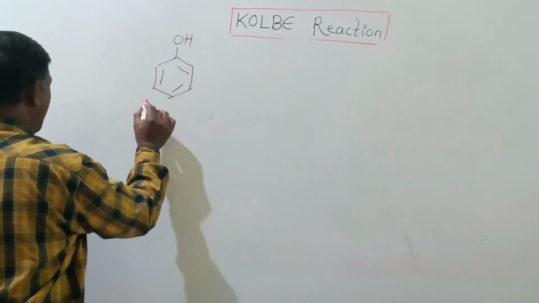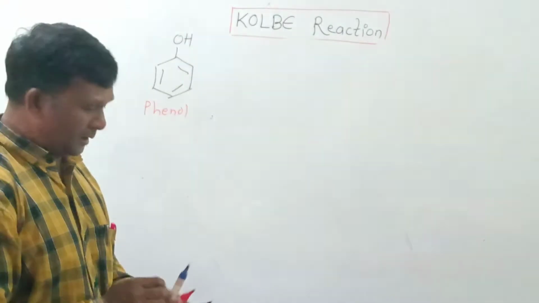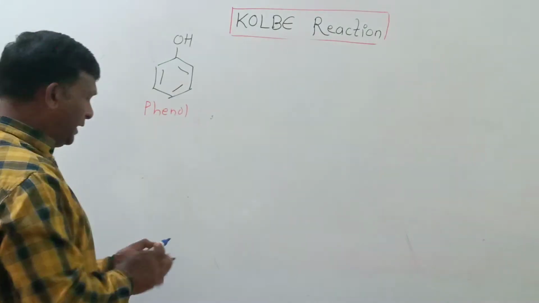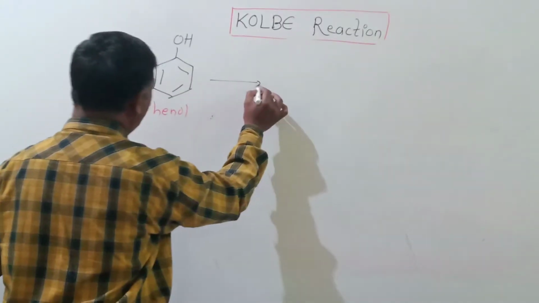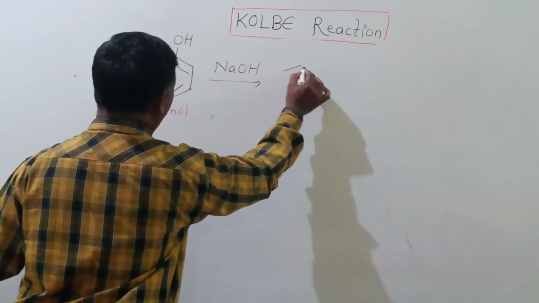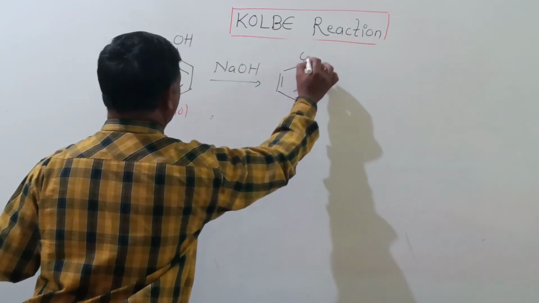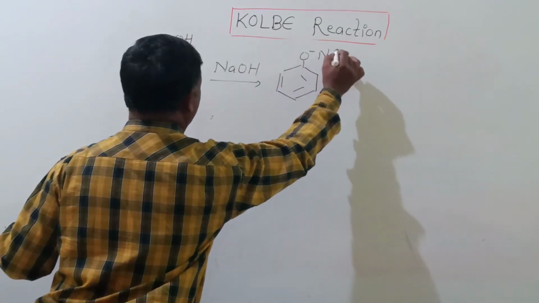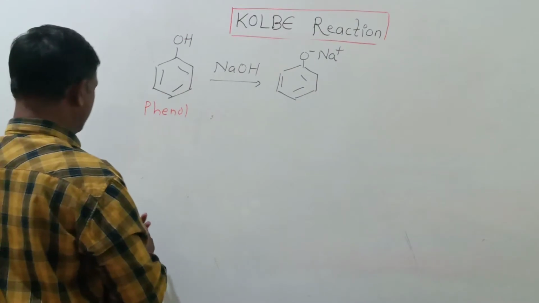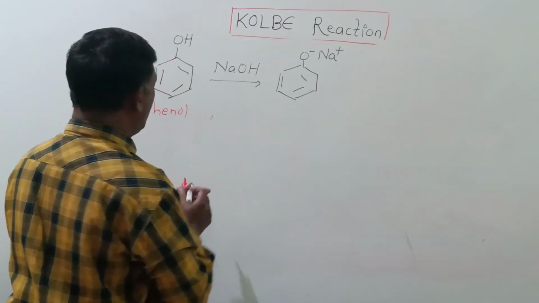So phenol is first converted into its sodium salt by reaction with sodium hydroxide. Sorry, it is sodium phenoxide.